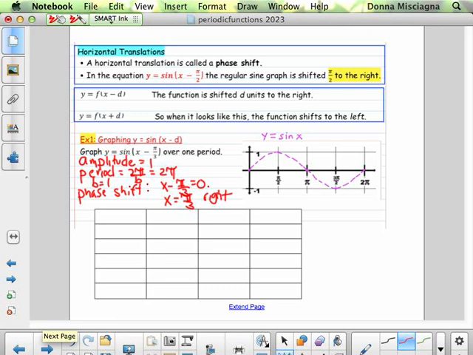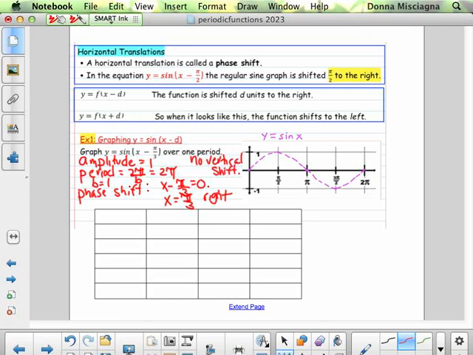If there's no coefficient on x, because it's been factored out or there is none at all, you can look at the equation and know which way the graph is shifting, because remember, x minus is shifted to the right, x plus is really minus a negative, and it's shifted to the left. So if there's no b value on x, it's easier to figure out what the phase shift is. And then there is no vertical shift. Nothing is added.